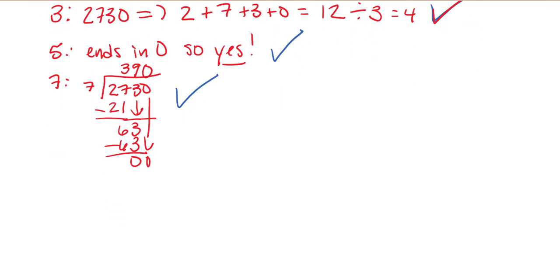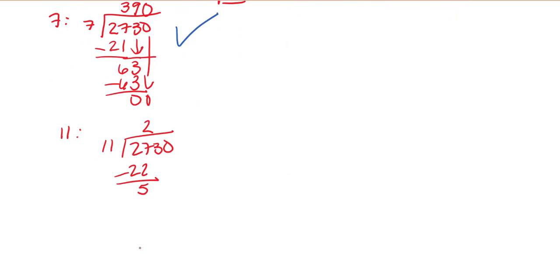Now let's go to 11. 11 can go into 27 how many times? 2 times, because 11 times 2 is 22. We subtract and get 5.